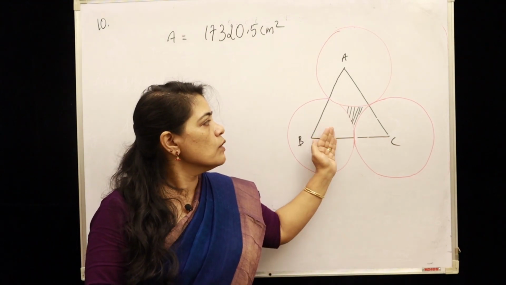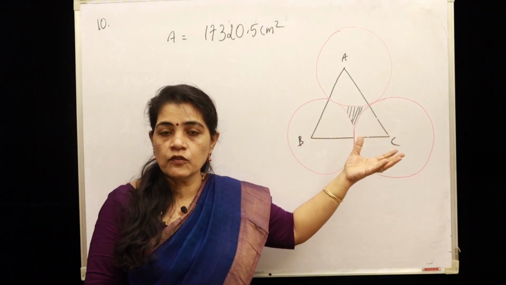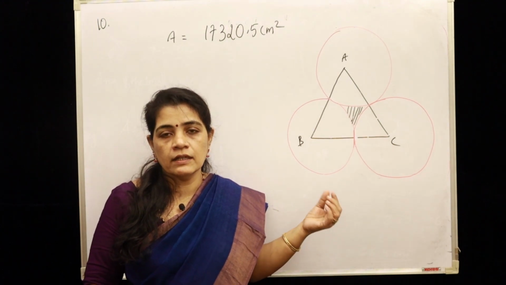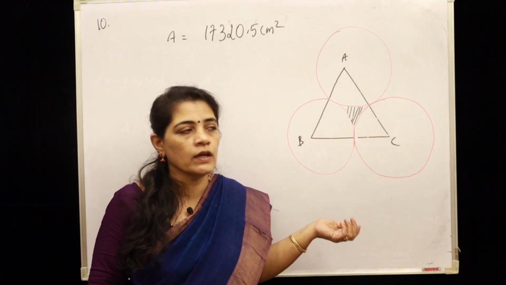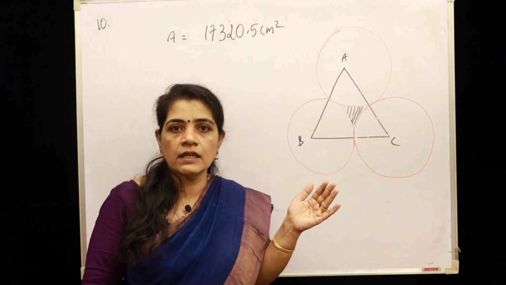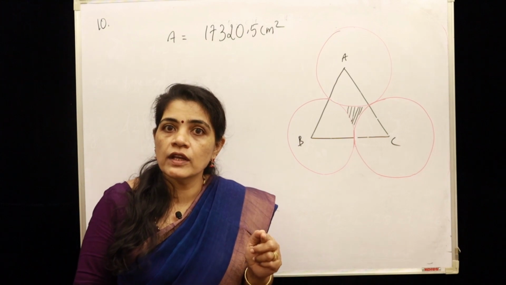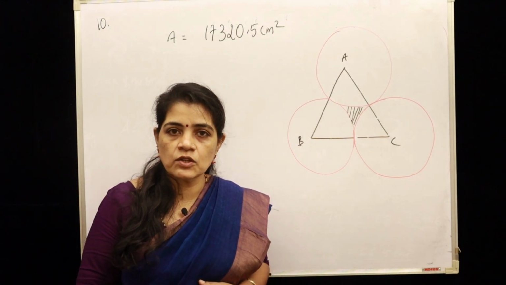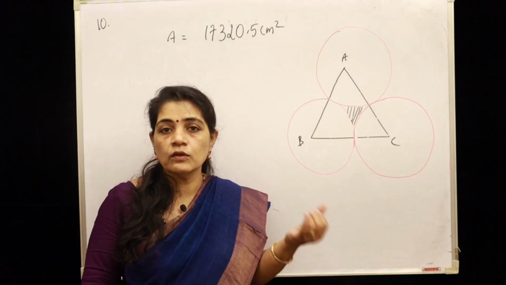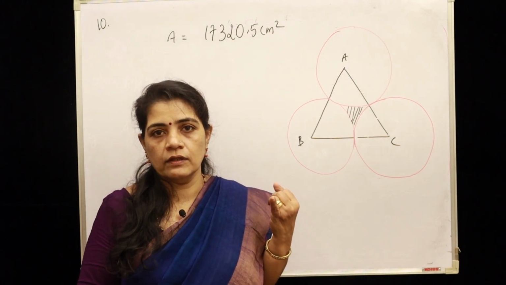So we have to find the area of three sectors with theta equal to 60 degree, that is theta by 360 into pi r square. There we have to find the radius of the circle with the vertex as the center.